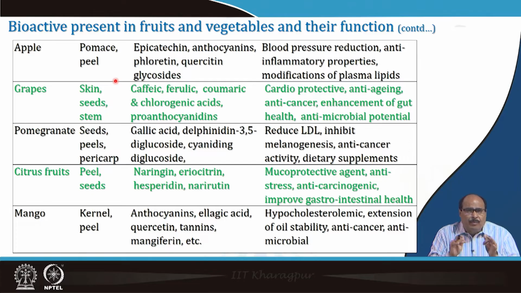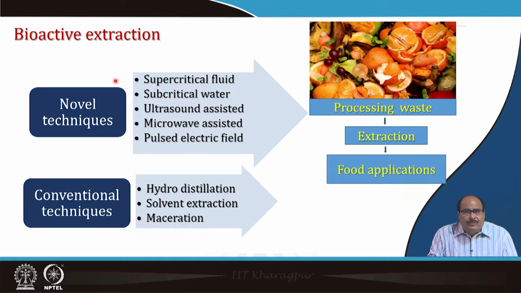So, pomegranate seeds, citrus fruit, even mango, their wastes, whether seed, peel, pericarp, kernel, pulp, have good valuable components. Like mango kernel and peel contain anthocyanins, ellagic acid, quercetin, tannins, mangiferin, etc., which have hypocholesterolemic effects and extend shelf stability, and they have anti-cancer and antimicrobial activities, and so on.